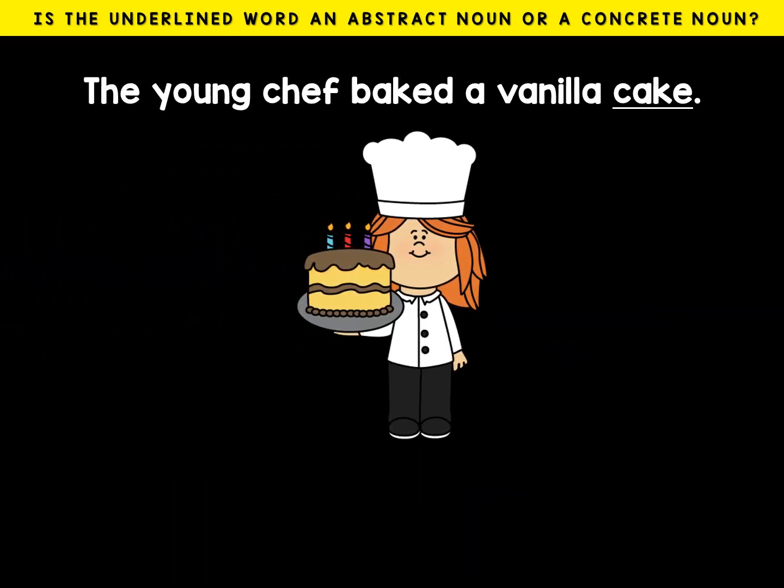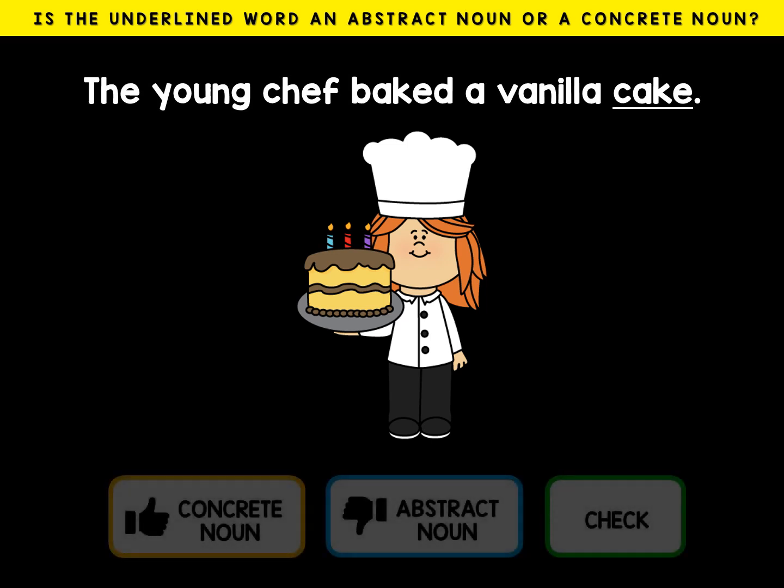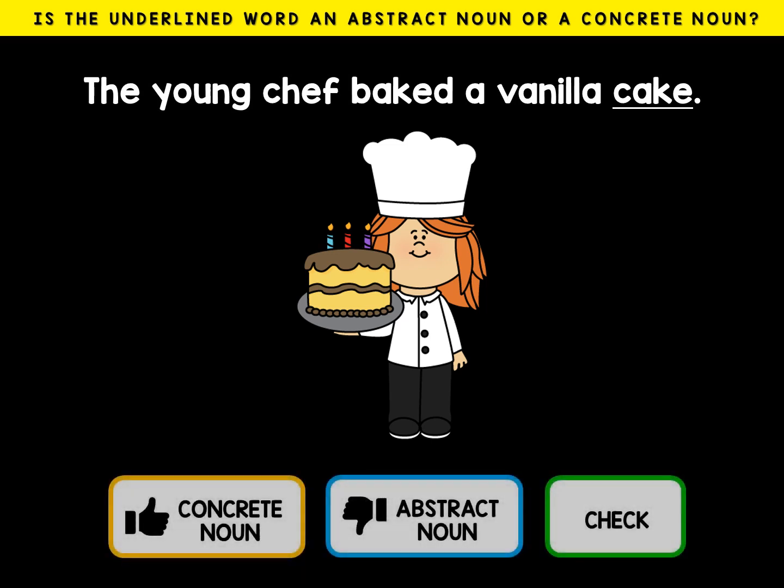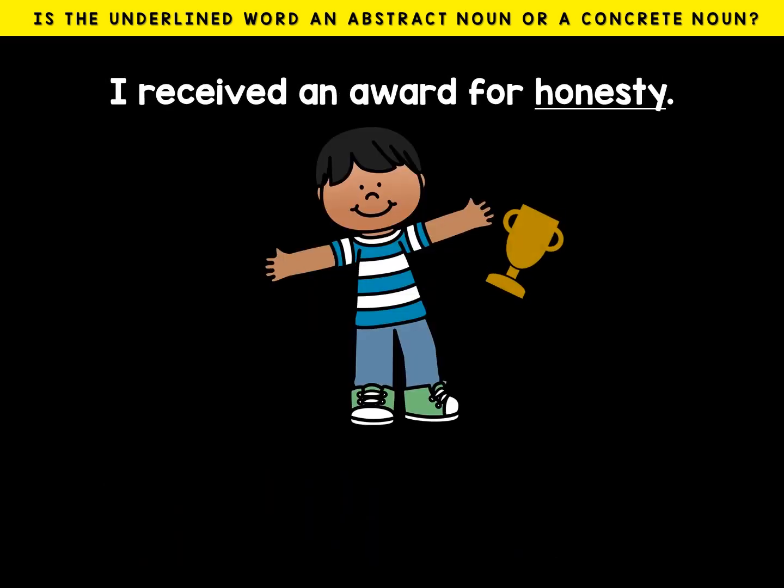The young chef baked a vanilla cake. The word cake, concrete noun or abstract noun? Concrete. We can taste it, feel it, smell it, and see it. I received an award for honesty.